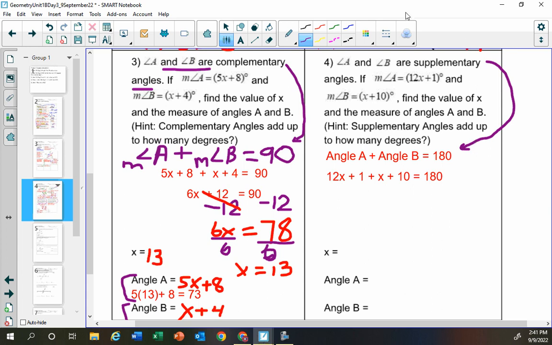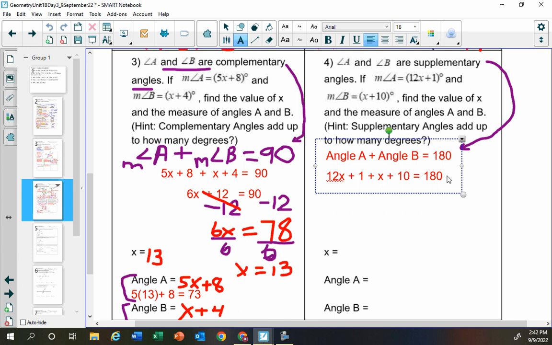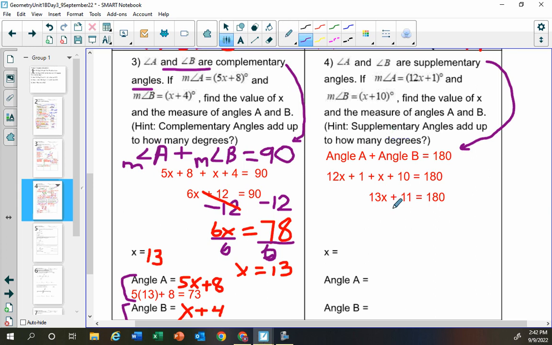Excellent. You do 1 plus 10, yes. Careful, so you're going to subtract. Okay. All right. I see where we're going with this.